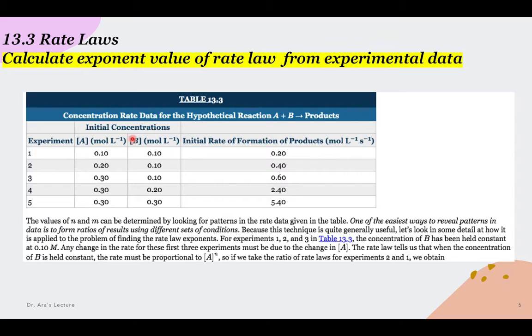It can be either for reactants B or reactants A. So now let's see how we can utilize this experimental value, and we can calculate the exponent number.